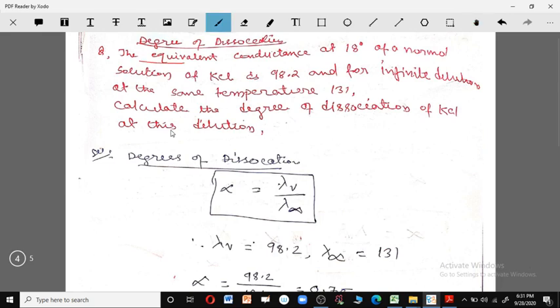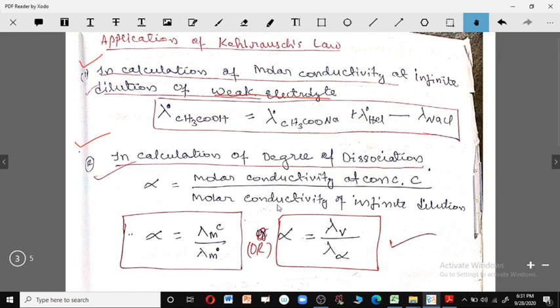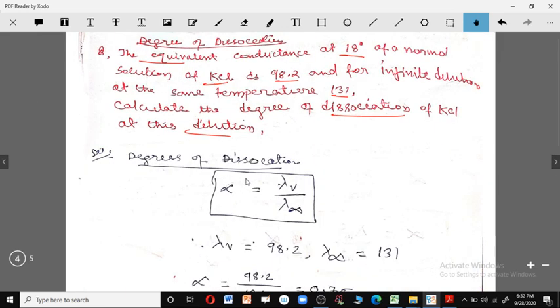For example: the equivalent conductance of 18 normal solution of potassium chloride is 98.2, and at infinite dilution at the same temperature is 131. Calculate the degree of dissociation. The degree of dissociation is the molar conductivity at concentration divided by the molar conductivity at infinite dilution.